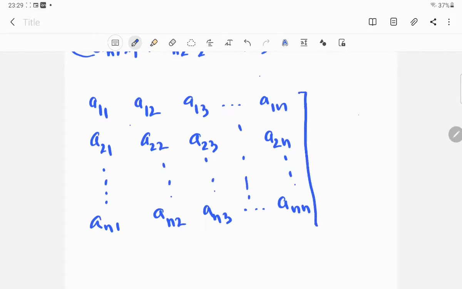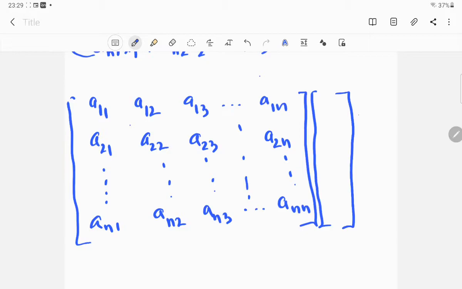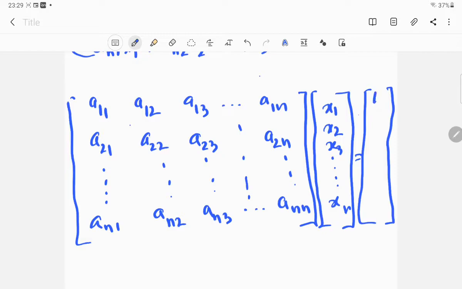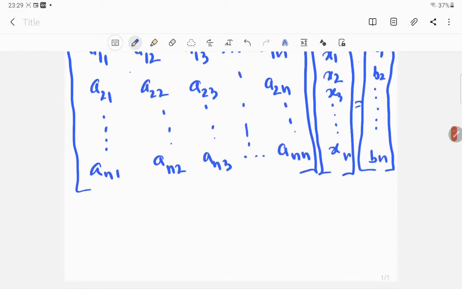On this side we will have x1, x2, x3, up to xn, and on the other side we have b1, b2, up to bn. That is the representation.